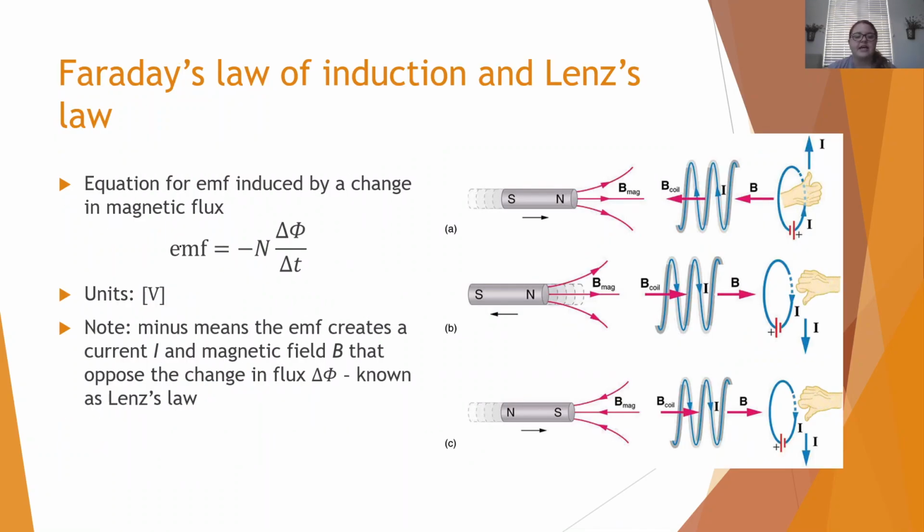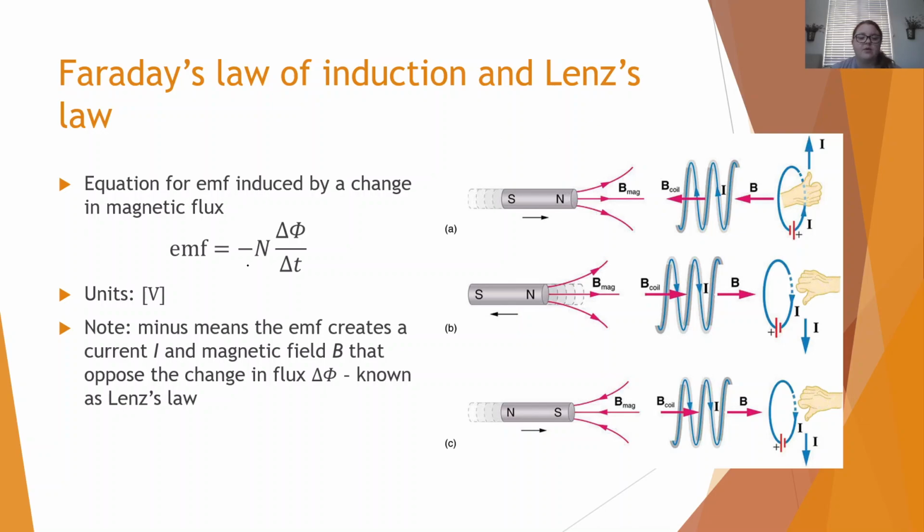We have EMF is equal to negative N, which is the number of loops, or turns in a coil. Typically, we're going to look at coils, times the change in magnetic flux, which is what we just looked at, divided by the change in time.